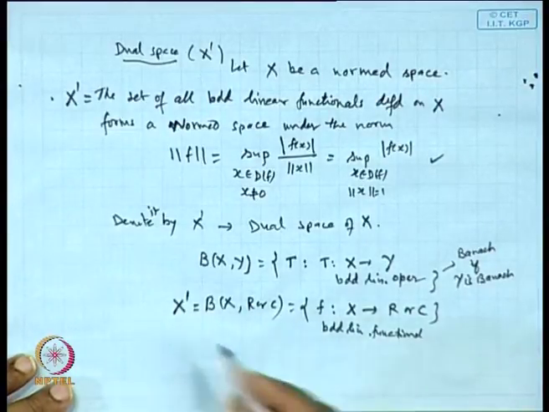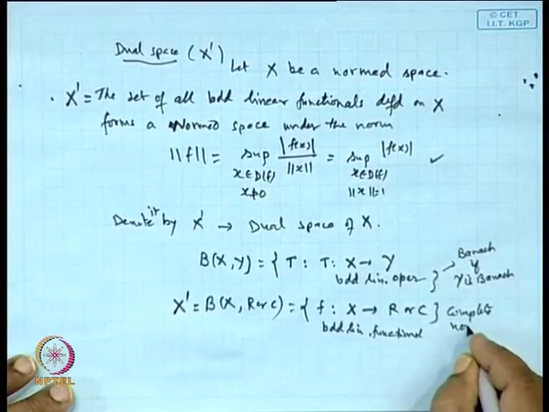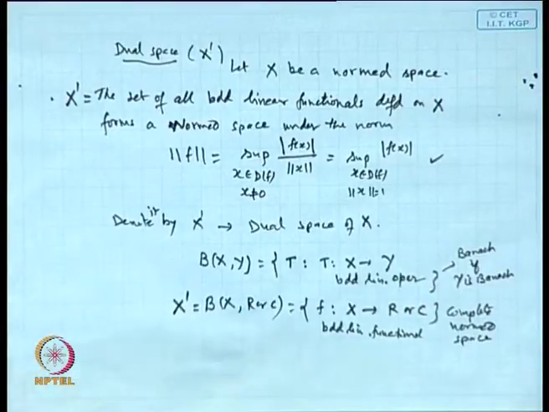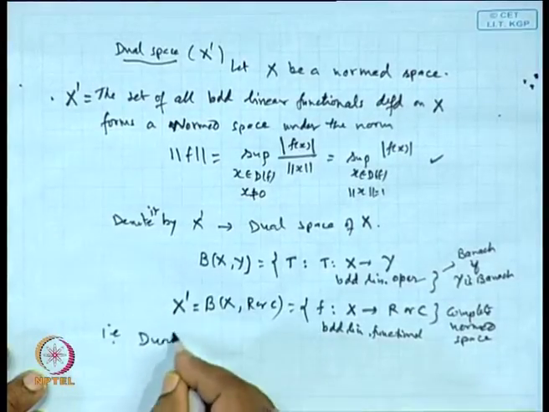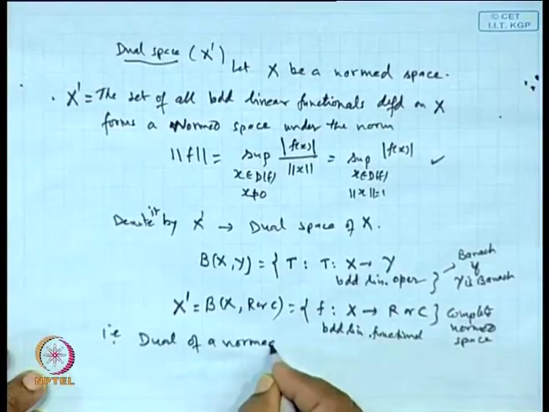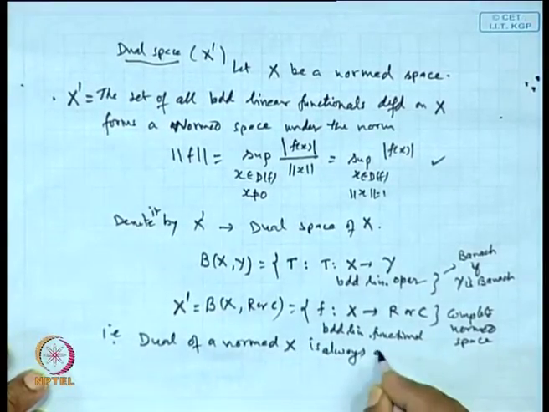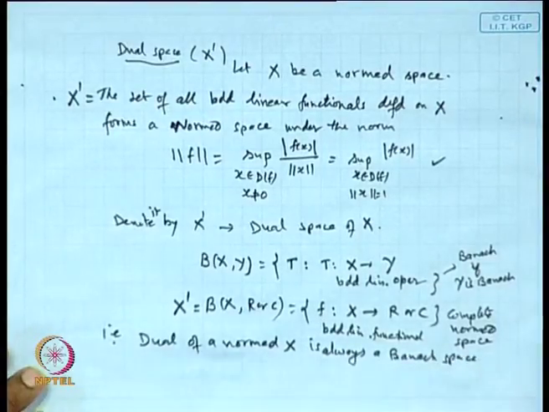So obviously X dash will be a complete norm space, that is, the dual of a norm space X is always a Banach space. This follows from there. So that is one property.